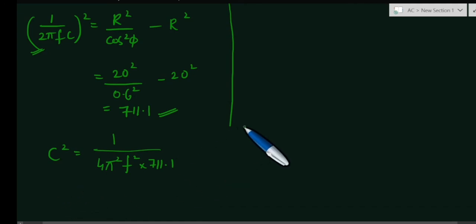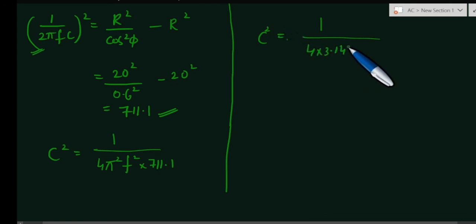So then C is equal to, substituting all the values, 4 into 3.142 square, F value is 50 square, into 711.1.